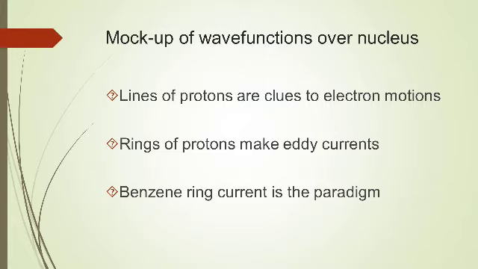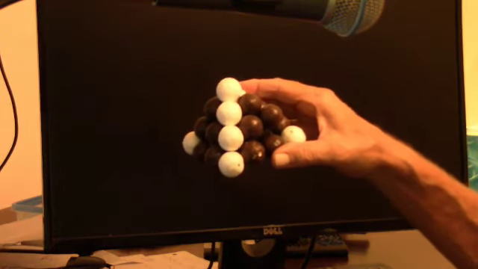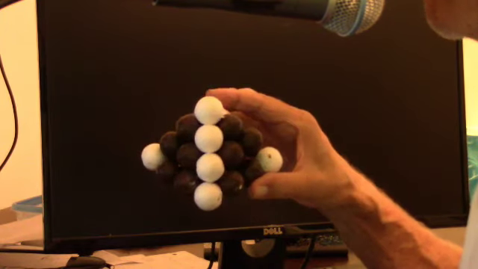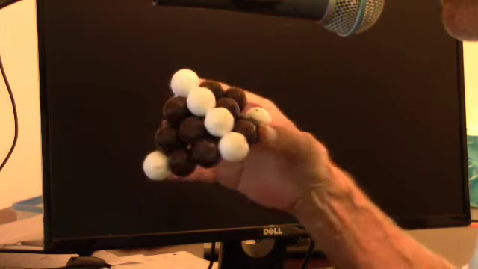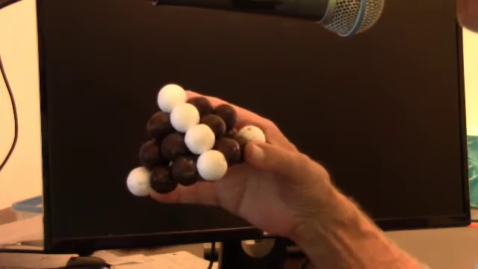So in that mock-up I was showing you of the wave functions coming out of a nucleus, these lines of protons that you see inside of these nuclei are clues. These are clues to electron motions. Lines of protons. This one, for example, suppose that would be on cerium, for example.